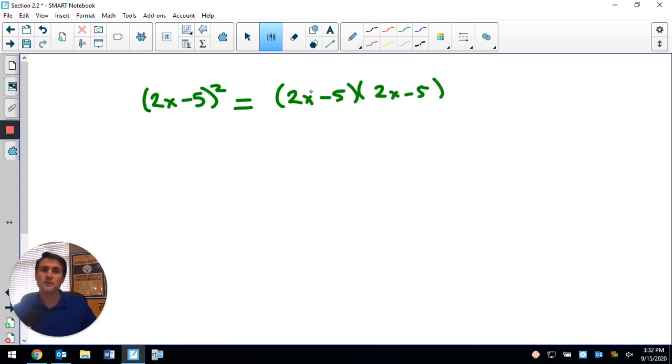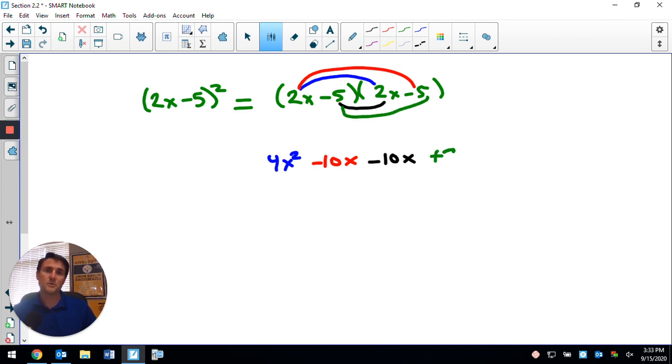And that's just first times first, 4x squared. Then we have the outside pair, which is negative 10x. And then we have the inside pair, which is also negative 10x. And then we have the last pair here, which is positive 25. And look what we can do.